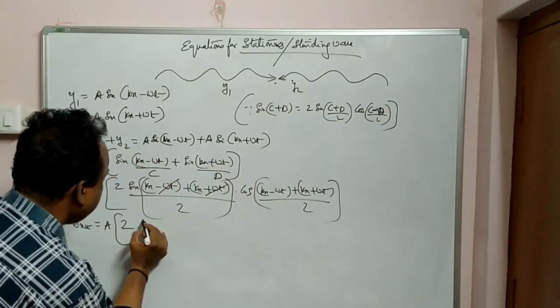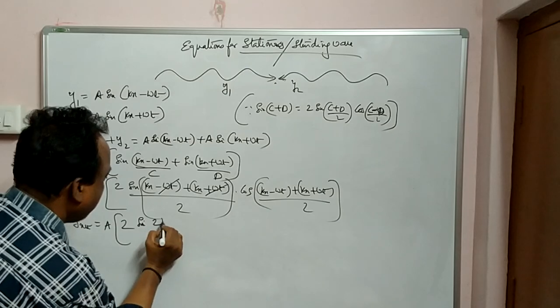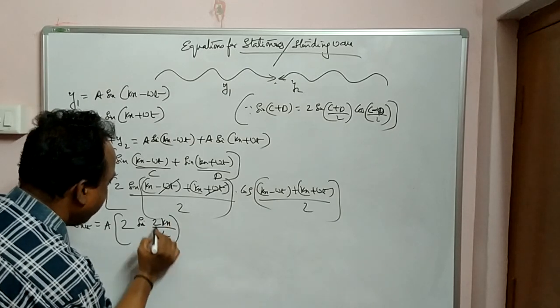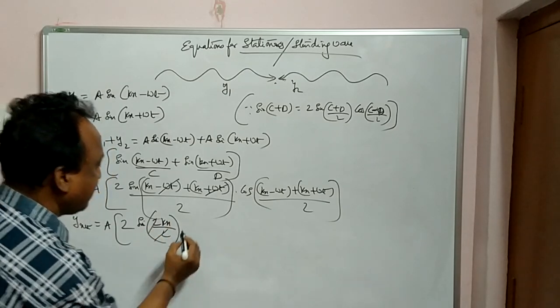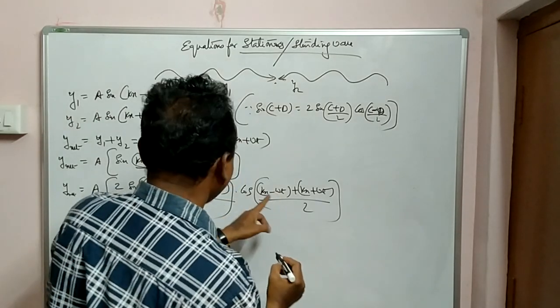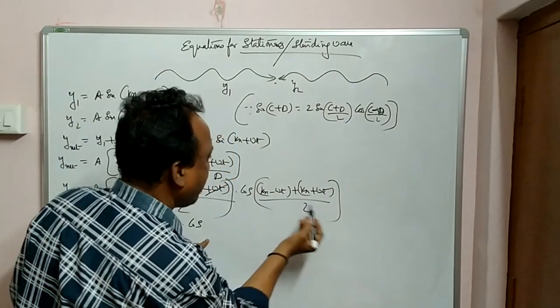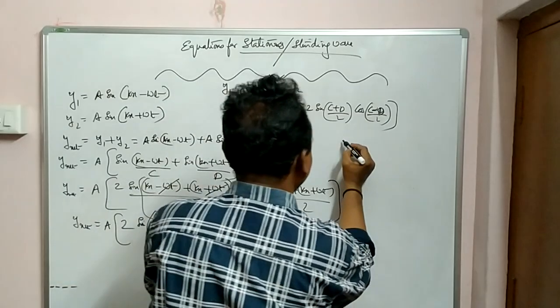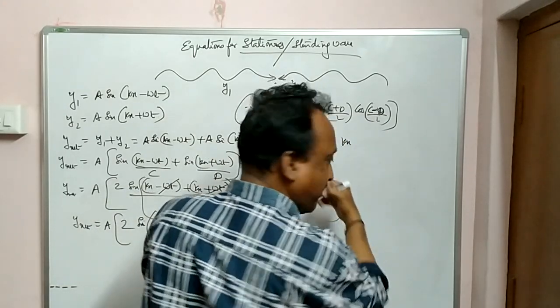I write it here, sin 2kx by 2, 2 gets cancelled into cos. Here you can see, this is minus, so when it goes inside, I'll write it here. Otherwise I have to write one more step.